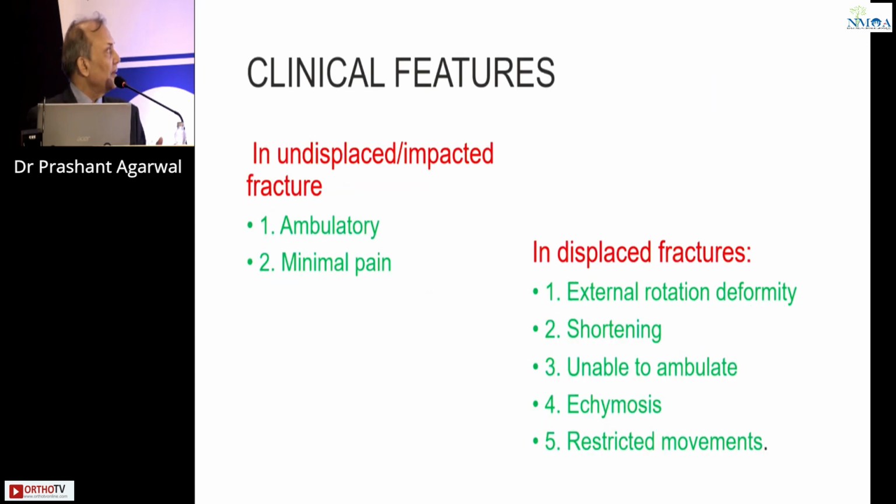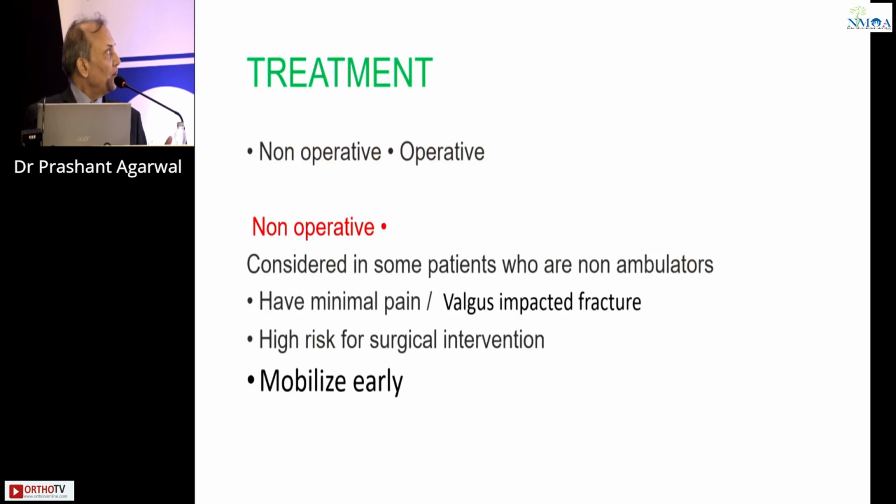Now clinically they may be ambulatory or non-ambulatory. If the patient is ambulatory and has associated pain and discomfort, then we have to choose the treatment accordingly. If the fracture is displaced, then they will have a standard presentation like a deformity at the hip, shortening, inability to walk and restriction of movement.